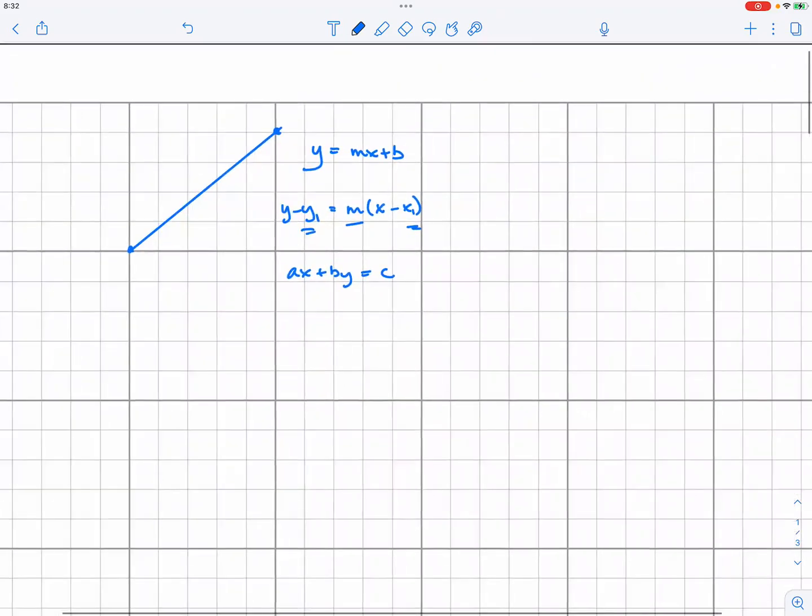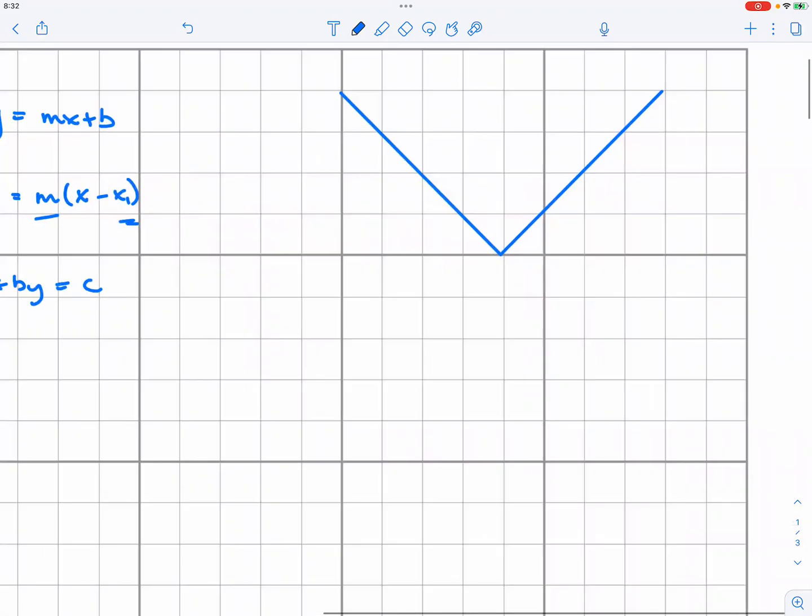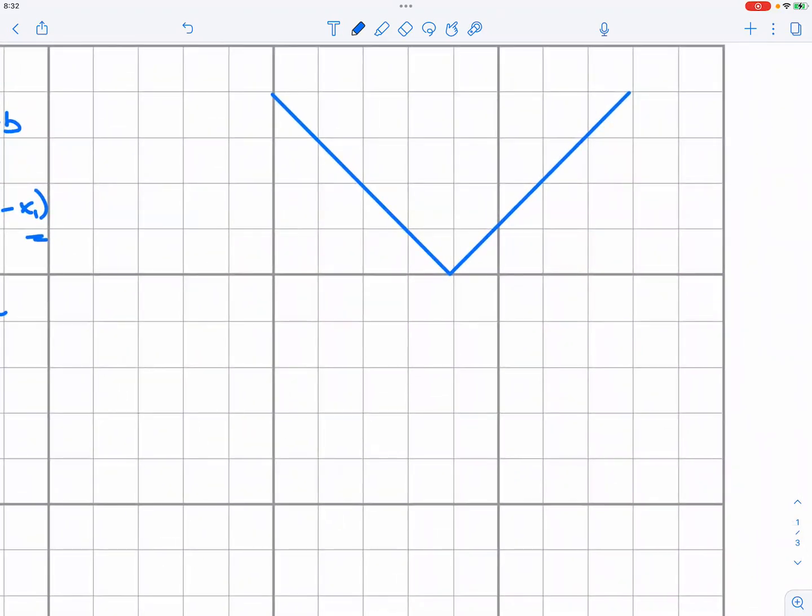All right, now, what about a graph that looks like maybe like this? What do we call this kind of graph? Remember? That's called the absolute value.